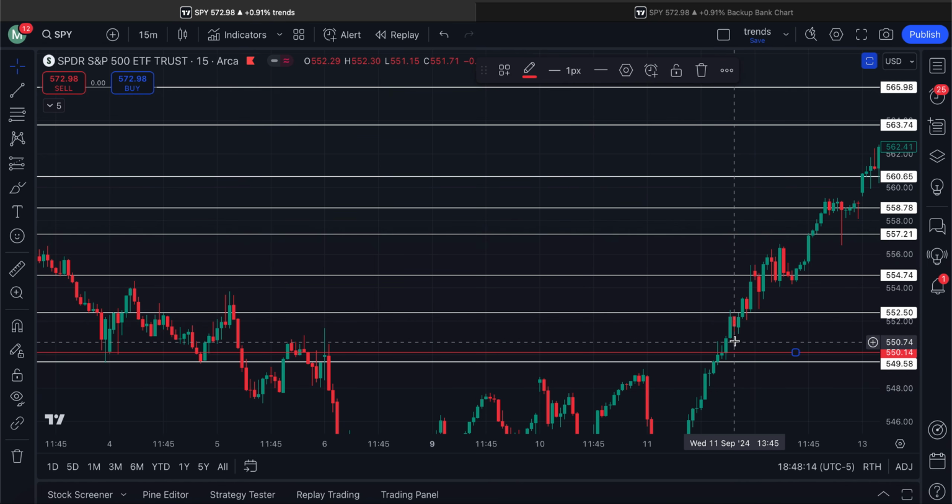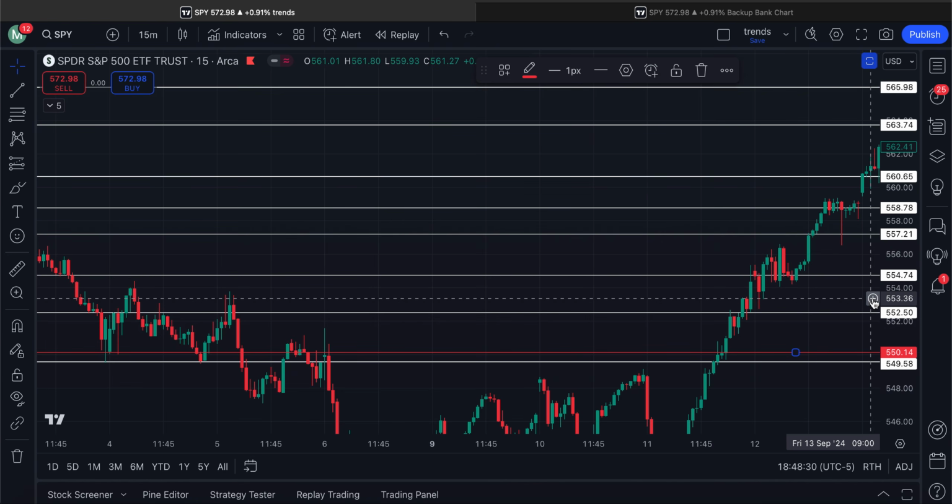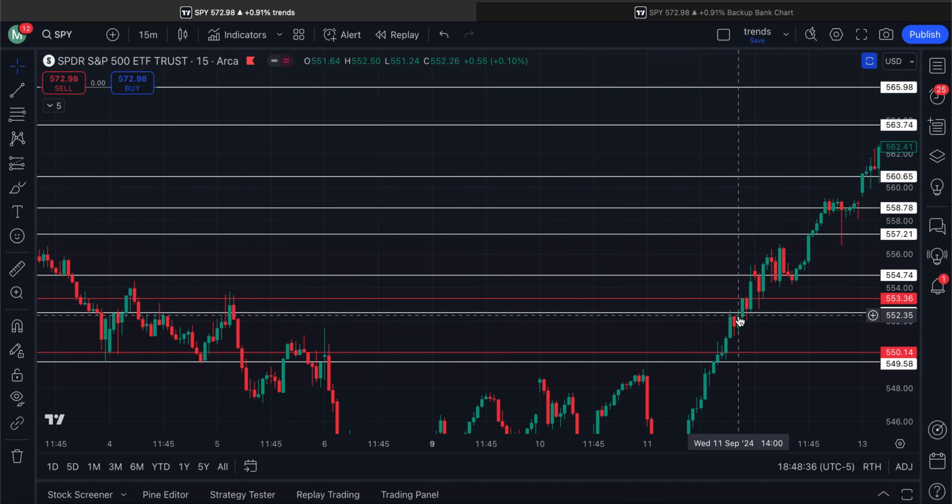Like let's say over here, pushing up, close back below our key pivot, and it pretty much just held up the FVG. The FVG was the staircase to continue towards the upside.